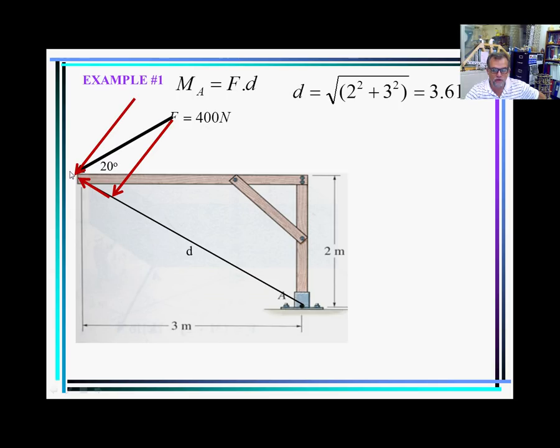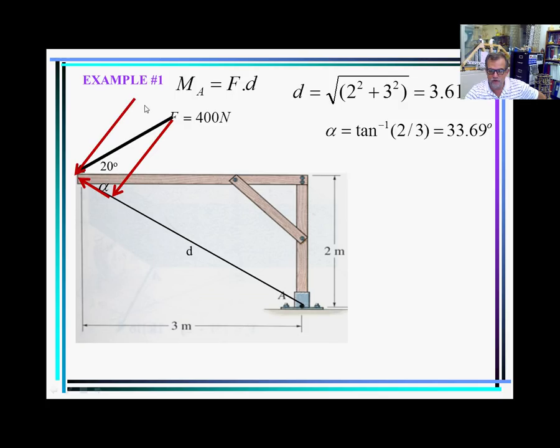In order to find that component, I know this angle is 20, but I don't know this other angle here, this other angle alpha. Can you calculate this angle alpha? Of course, you have this distance 2, you have this distance 3, and that alpha, you can say that is the inverse tangent of 2 divided by 3. I calculated that angle alpha. Now, my total angle from the force to the line is 20 plus 33.69.